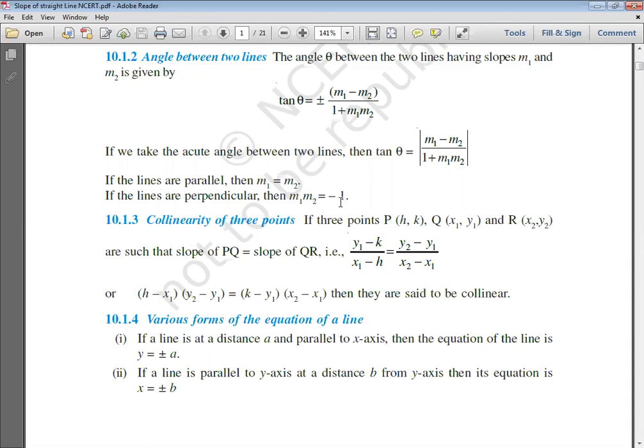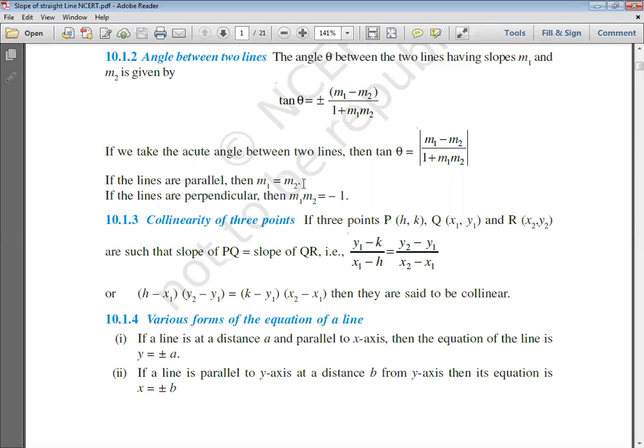The condition is that the product of the slopes must be -1. If two lines are perpendicular, then the product of their slopes is -1. Or conversely, if the product of slopes of two lines is equal to -1, then the lines must be perpendicular.